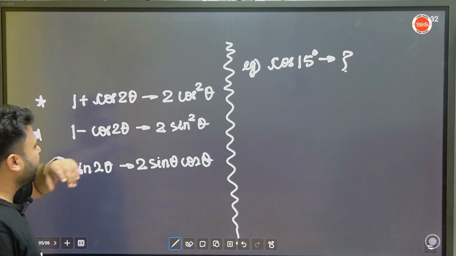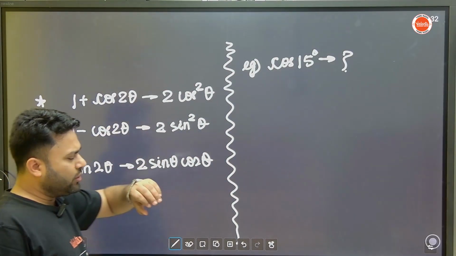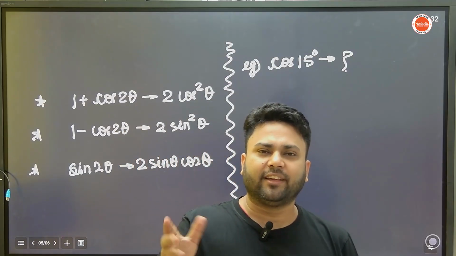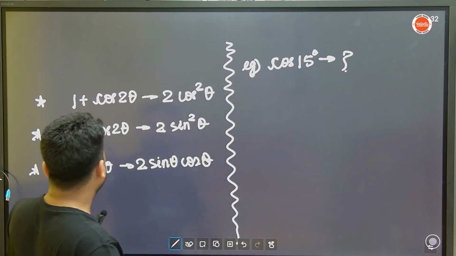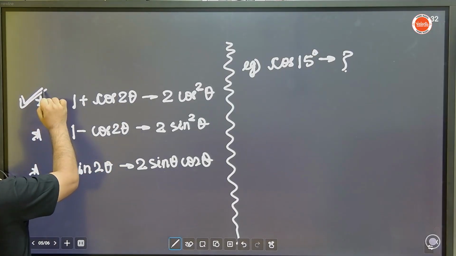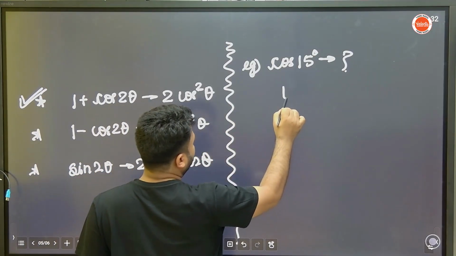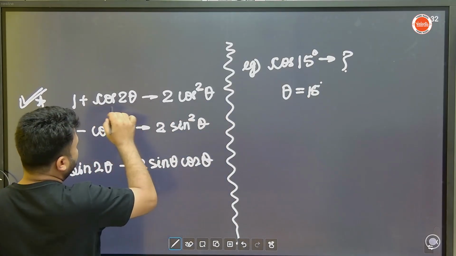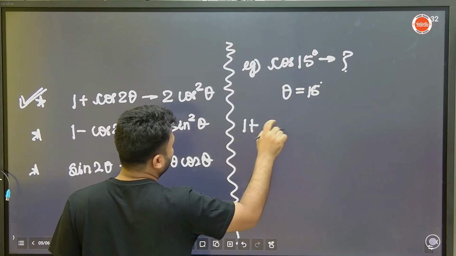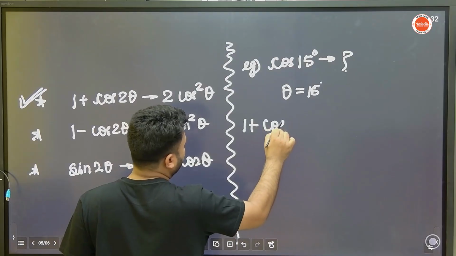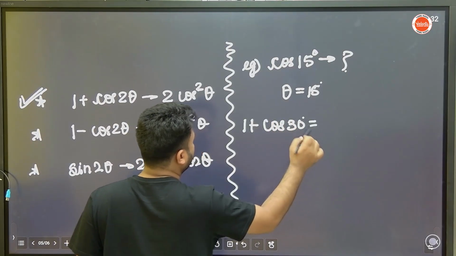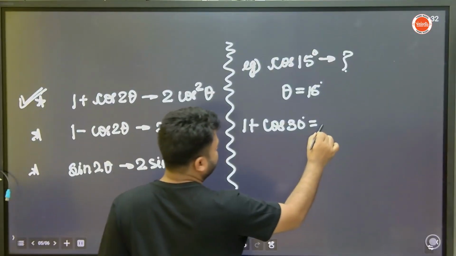Although 15 degree we don't know, its double, that is 30 degree, we know. So if my theta is 15 degree, can I write 1 plus cos 2 theta, so 1 plus cos of 2 times 15 degree, that is 30 degree, equals 2 cos square theta.